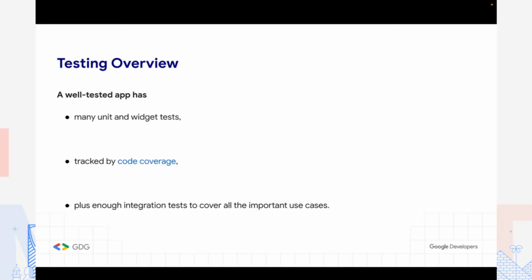So unit test, widget test, and integration test can all be performed in an app to ensure that it is a well-tested app which is reliable and smooth running. This is how you can ensure a better UX experience.